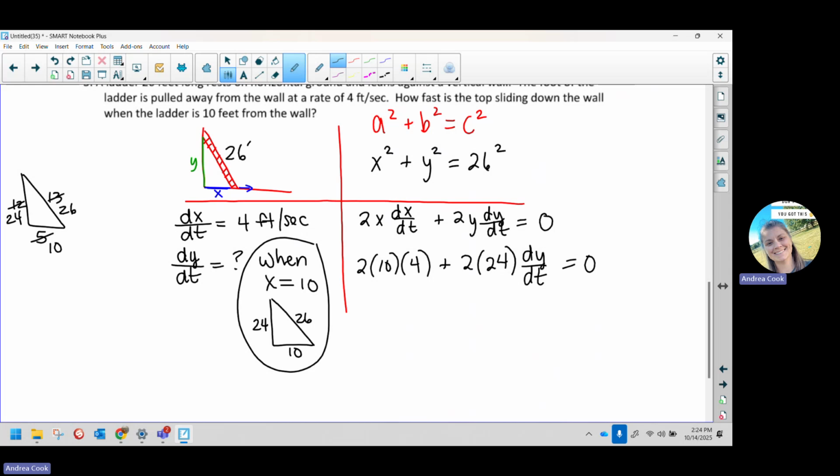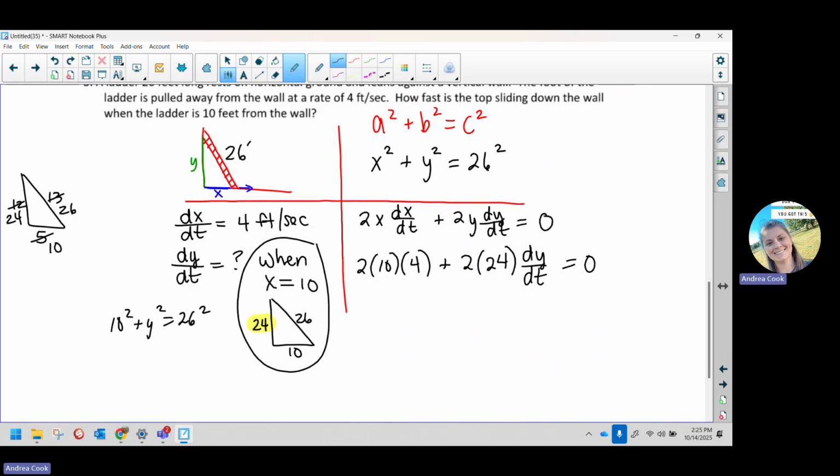They told me when x was 10, so I added 10 to my picture and found the missing side. I didn't know this value, but I knew 26 and 10, so I did 10 squared plus y squared equals 26 squared.